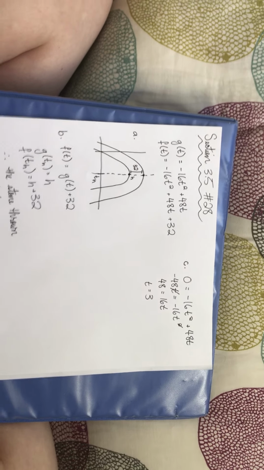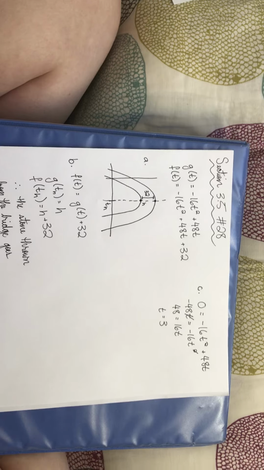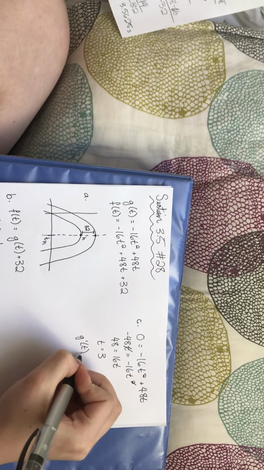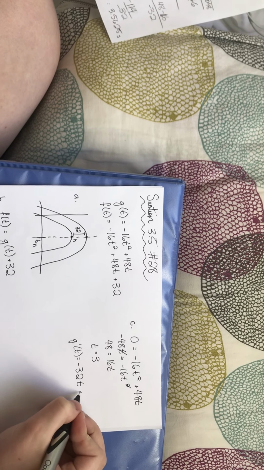So now that I know that t equals 3, I can just plug it into the derivative of g. The derivative of g is equal to negative 32t plus 48.